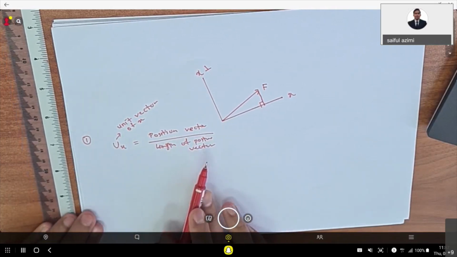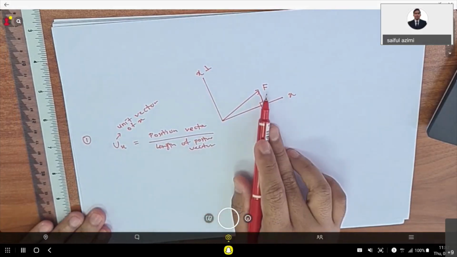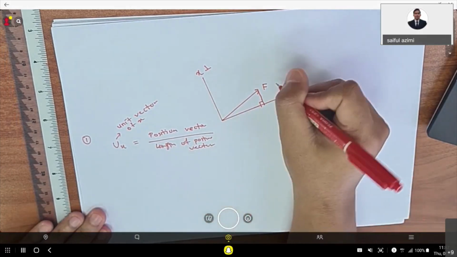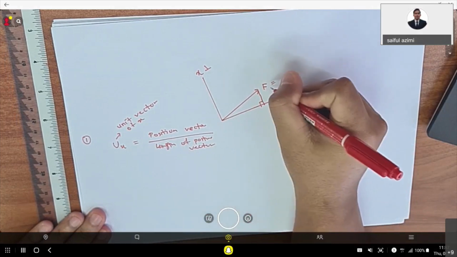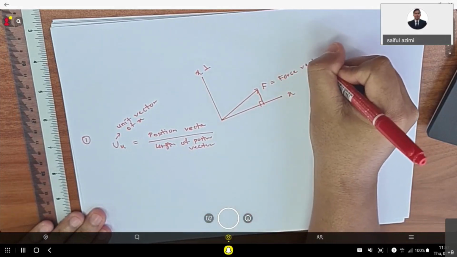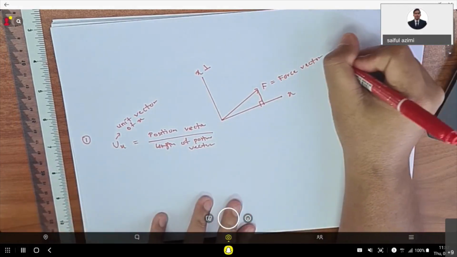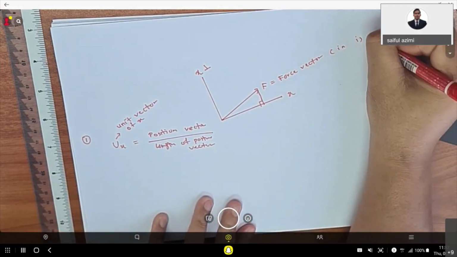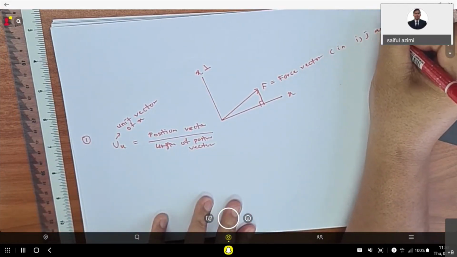Then if the force is given, it must be a force vector, which is in i, j, and k.